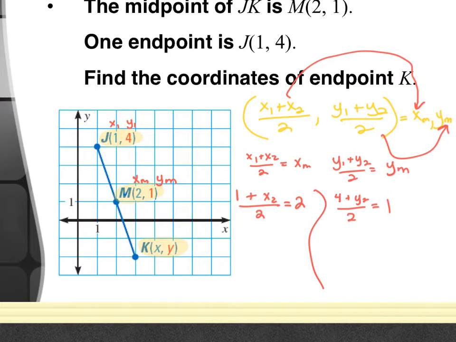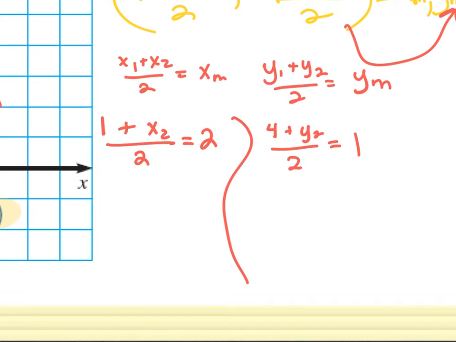Now we've got like 2 equations set up. How would you normally solve this if it was just an equation with a variable? How do you get something out of the denominator? Multiply it. So I'm going to multiply it on both sides, over here and over here. It's going to cancel here. And I get 1 plus x2 equals 4.